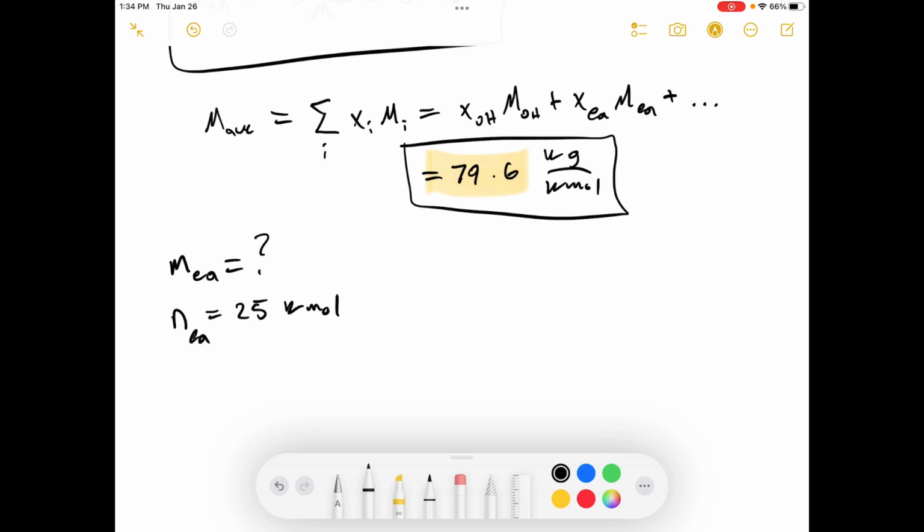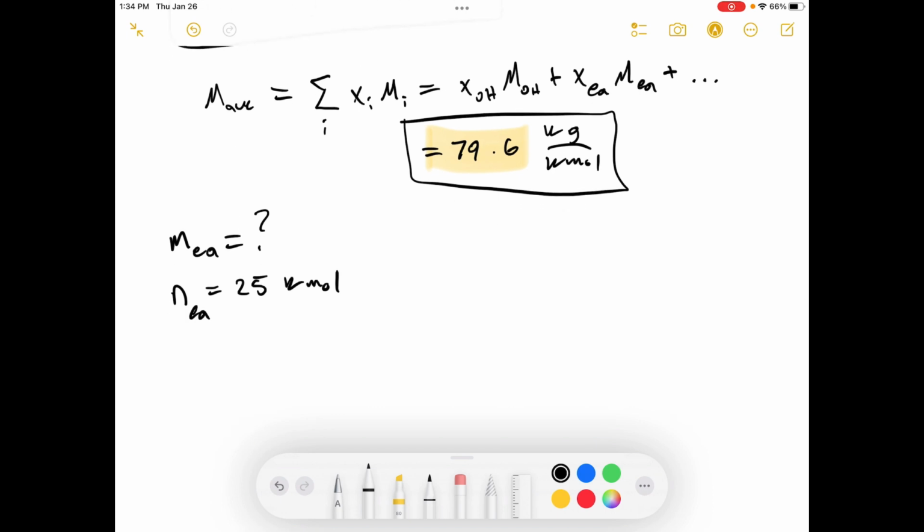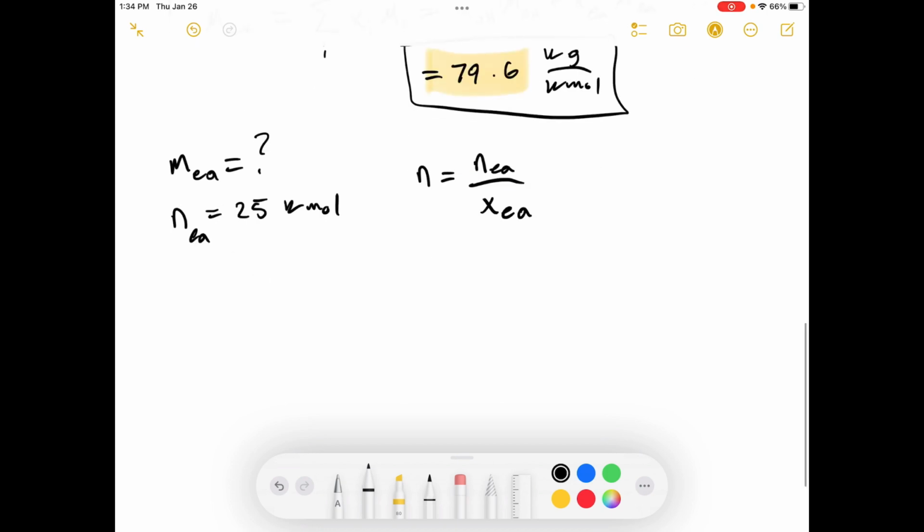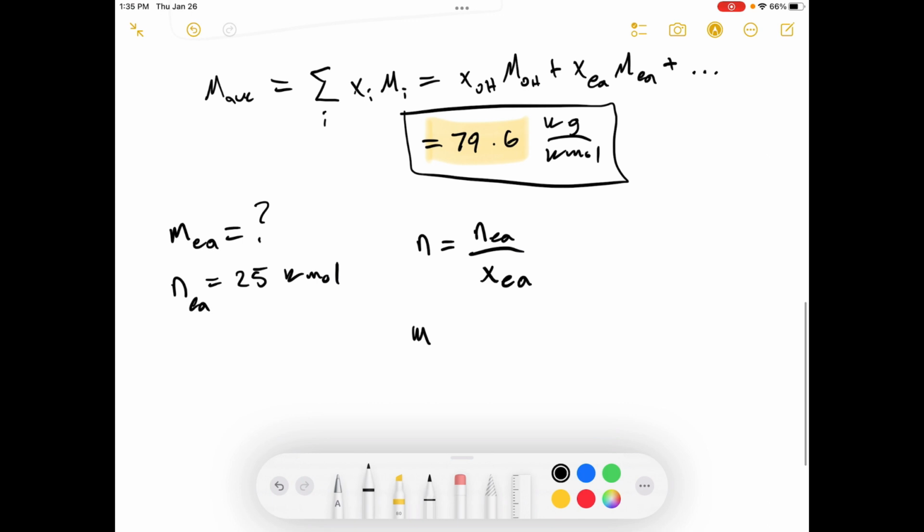Something we could do is ask what's the total amount of moles that we have. That would be the moles of ethyl acetate divided by its mole fraction. Then we could convert the total moles into total mass by multiplying by the average molecular weight, and that would give us the total mass of the sample.